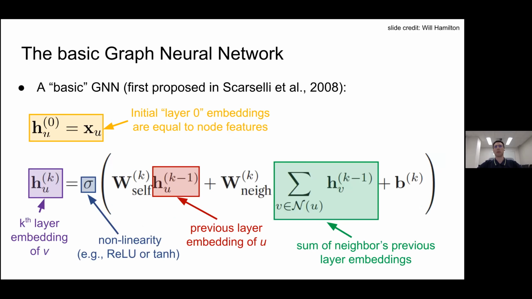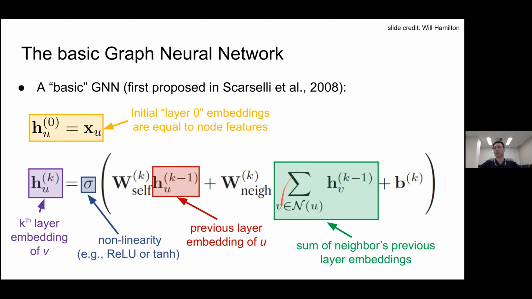This can be parameterized in many different ways. So there are many different models, and one of the basic graph neural networks looks like this, where the invariant neighborhood aggregation is simply summing. You could also imagine using max or min or something of that sort, but summation is one of the most popular ones.